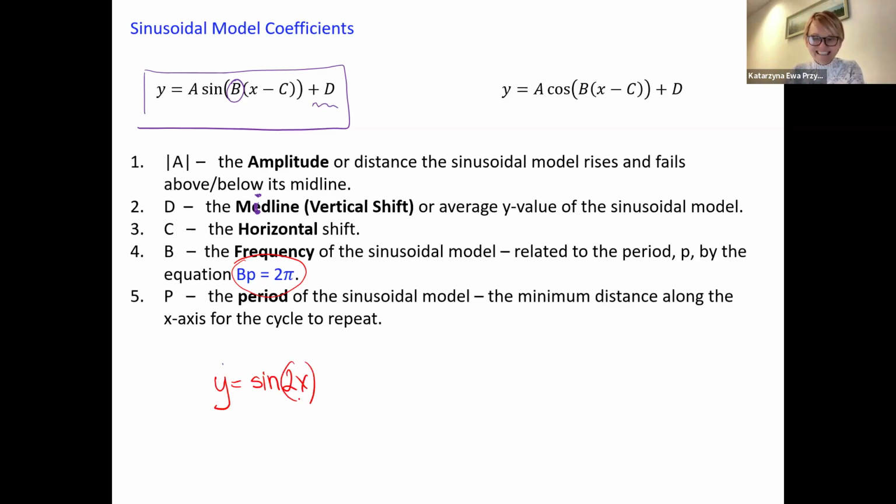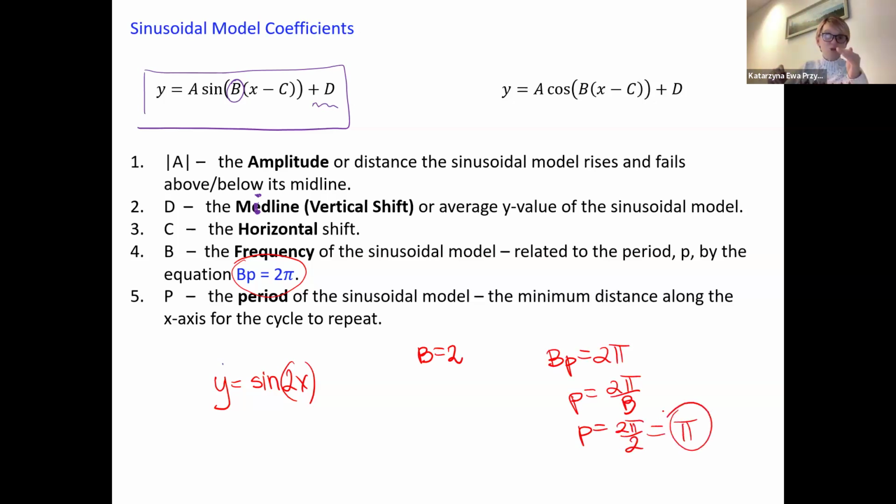Yes, correct. The quantity b is 2, and when I say bp equals 2 pi, the period is 2 pi over b, which with b equal to 2, is pi.